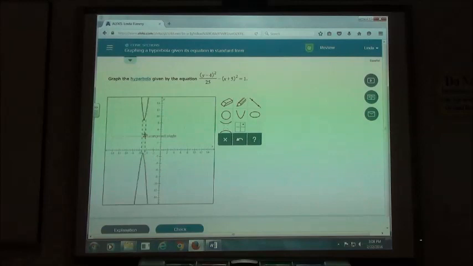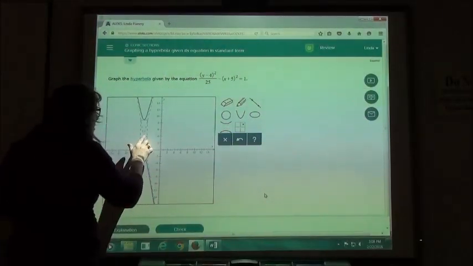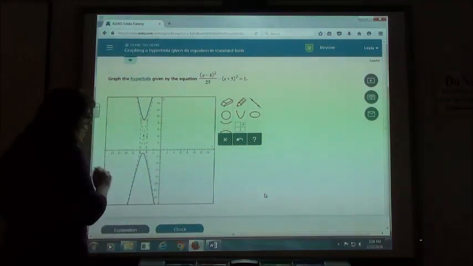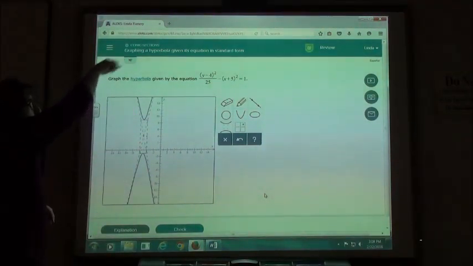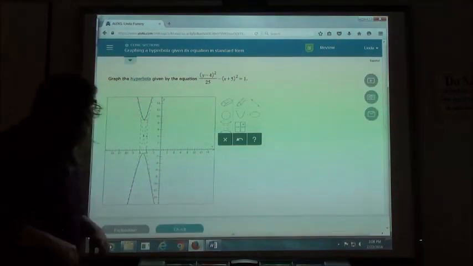That looks good. Placing my rectangle then, remember the (x plus 5) squared would be over 1. So I'm going to go 1 to the right. And so I'm just going to double check that. I went 1, 2, 3, 4, 5 up, 1 to the right, and my hyperbola is going up and down because my y's were first.